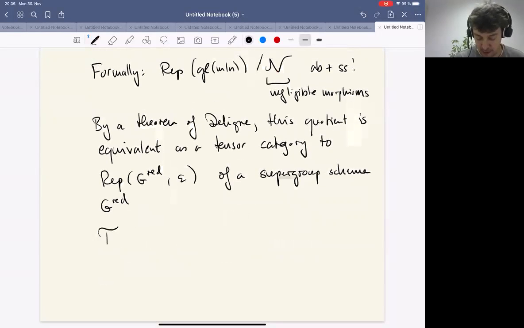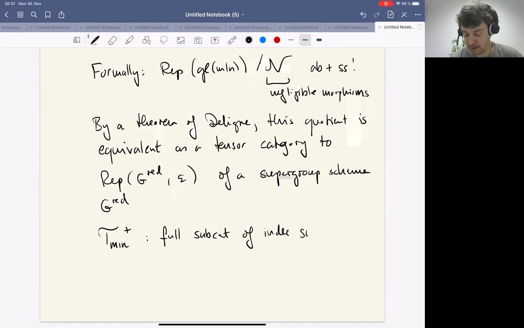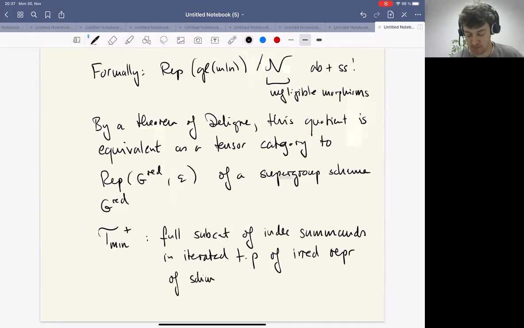So I denote by T_{m|n}^+ the following subcategory: the full subcategory of indecomposable summands in iterated tensor products of irreducible representations of superdimension greater or equal to 0.